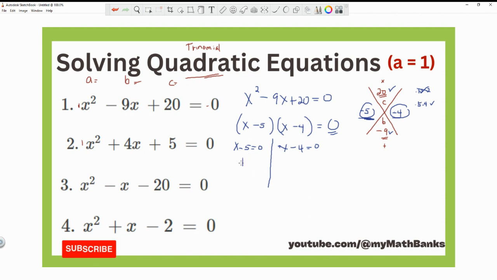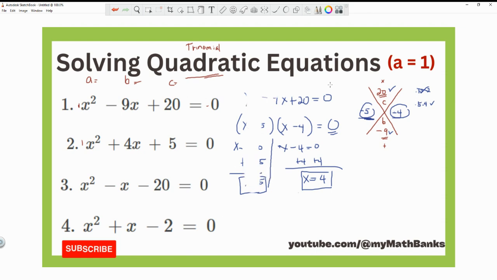So solve them separately. Plus 5 to both sides, so x equals 5. That's your first answer. And the next one is plus 4, so x equals 4. This is your second answer. You can see you have two answers because again the degree is 2, so you should be expecting two answers. Okay, so why don't you try to do the same thing with number 2 and see if we have the same answers.